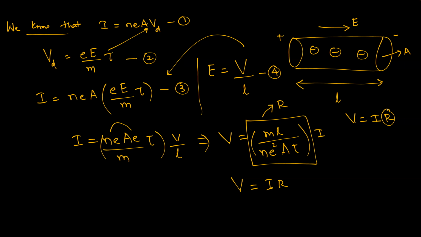You're able to understand? So we have seen the derivation of Ohm's law. Am I clear with this? It's simple, right? If you look at the operation, it is very simple.